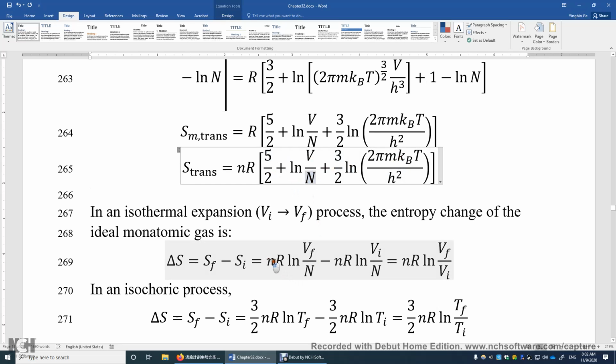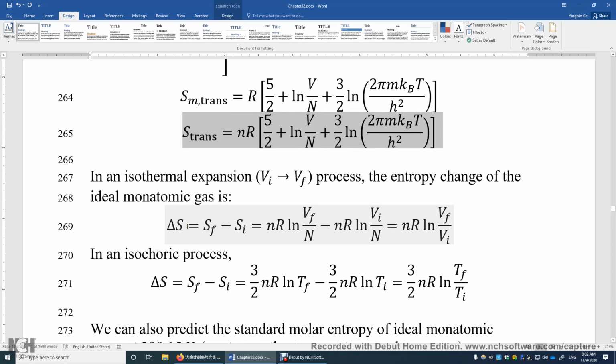And then we just focus on the difference in volume. And therefore, from the translational entropy equation, we learned the entropy change in an isothermal expansion process is NR times the logarithm of V final over V initial. So this is thermodynamics. We just got this equation from the translational entropy derived in statistical thermodynamics.